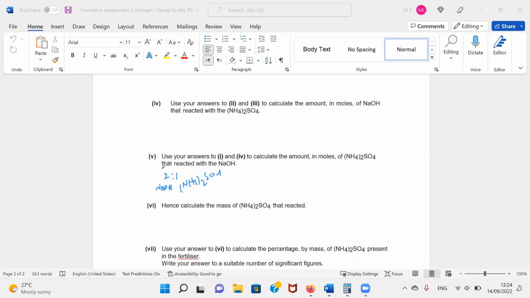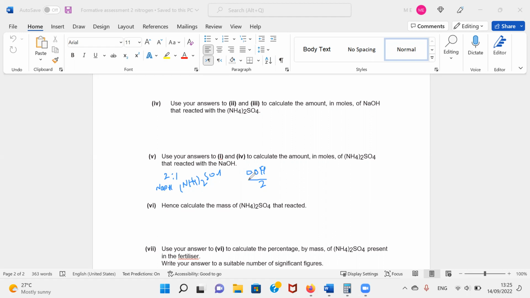And we have the number of moles of sodium hydroxide that had reacted completely with the ammonium sulfate, and the amount was 0.019. But according to this ratio, the amount of ammonium sulfate is half of the amount of sodium hydroxide. So that's why we have to divide by 2, because this amount here belongs to the sodium hydroxide.